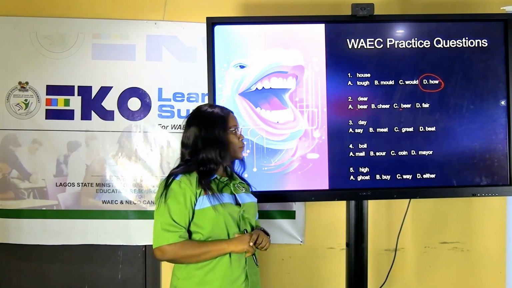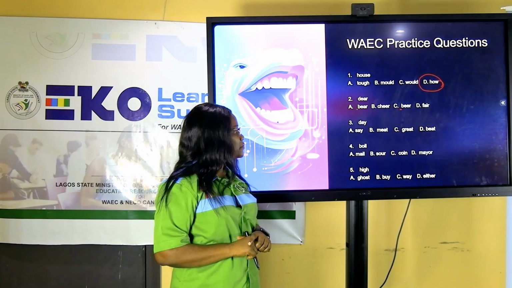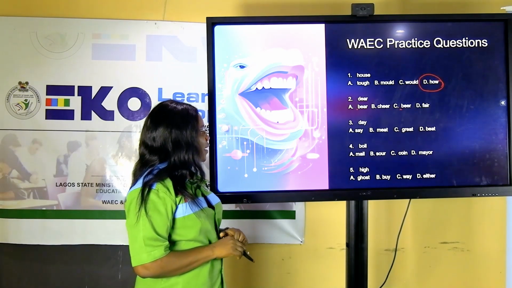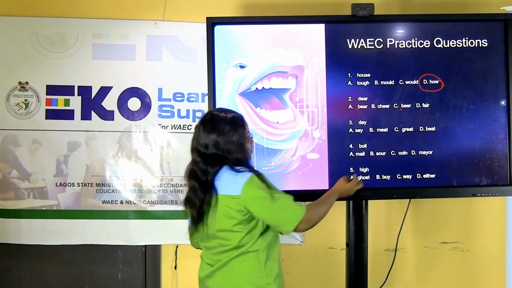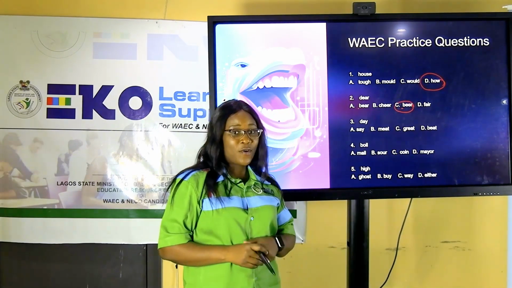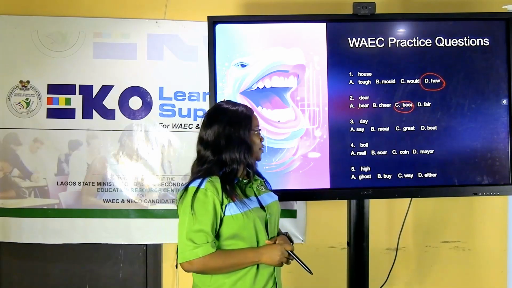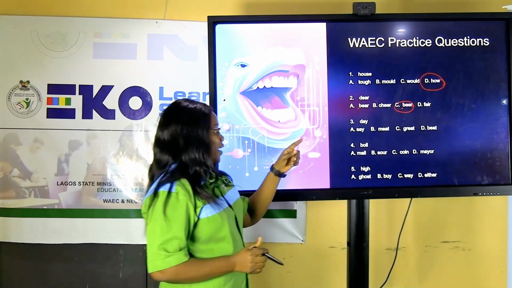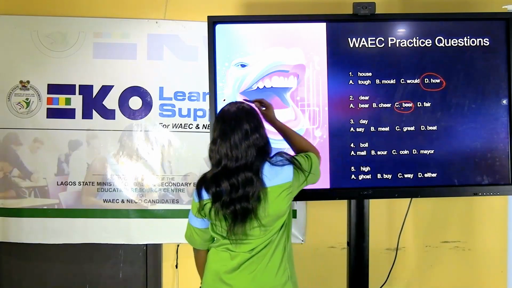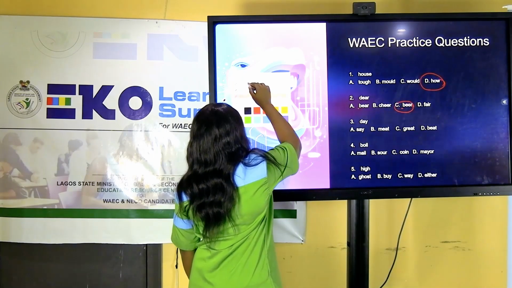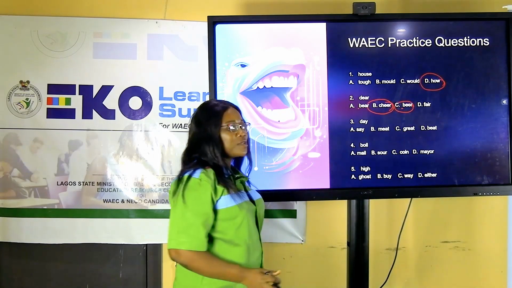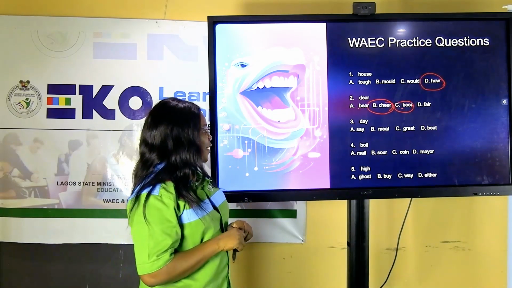What would our answer be? Yes, your guess is as good as mine. Dear and beer. Have you written your answer for question 2? Good. Whether you've chosen beer or chair, the 2 answers are correct. Whichever one you've chosen, thumbs up.